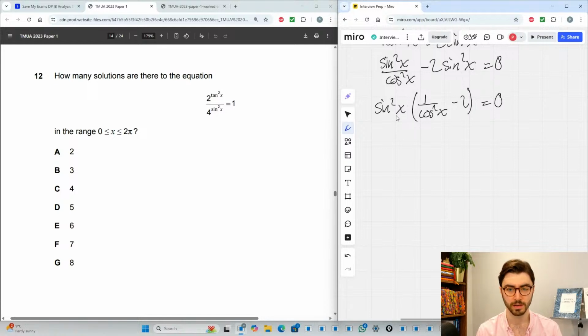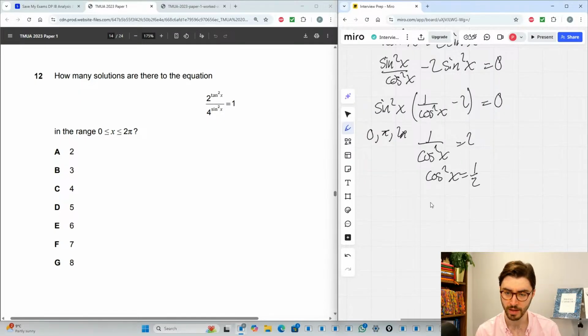So in this interval, sine squared of x will have zeros at 0, pi, and 2 pi. And then we have to solve for 1 over cos squared x equaling 2. So cos squared x equaling a half. So cos x being plus or minus 1 over root 2.